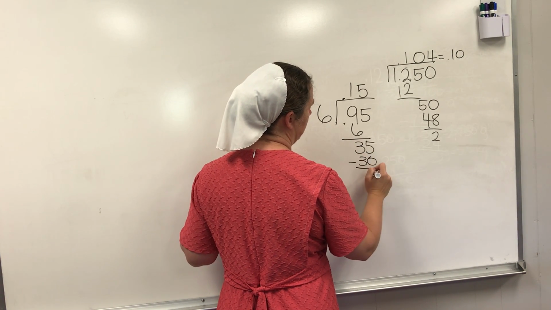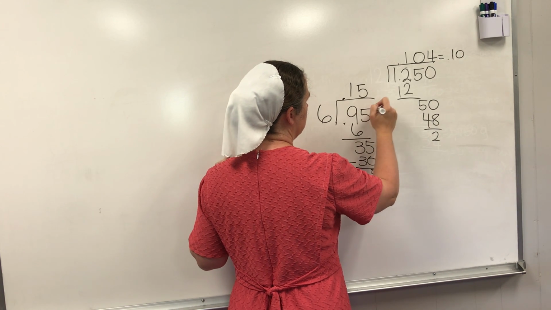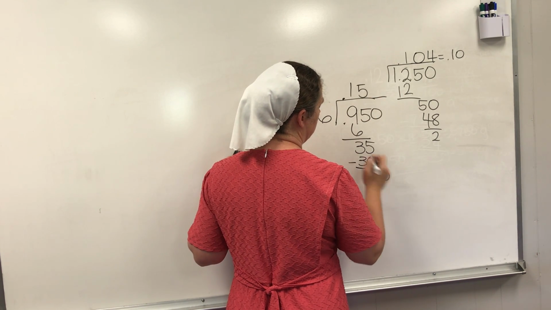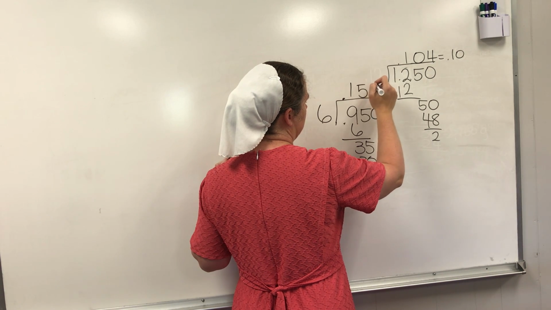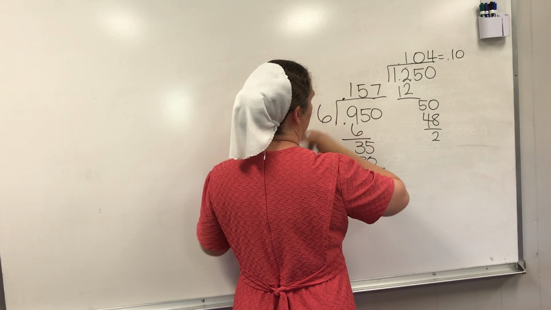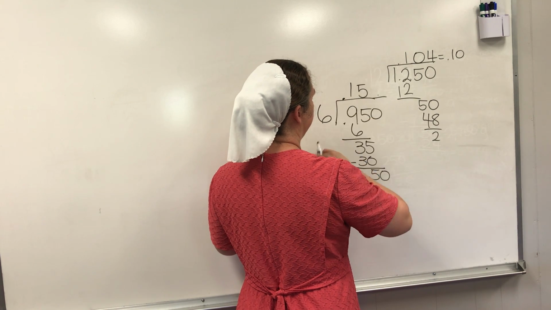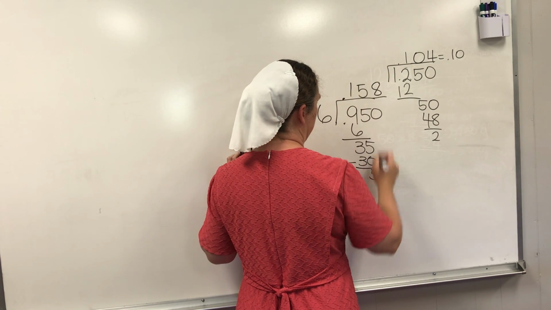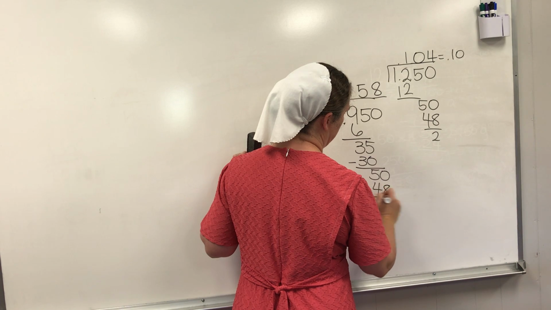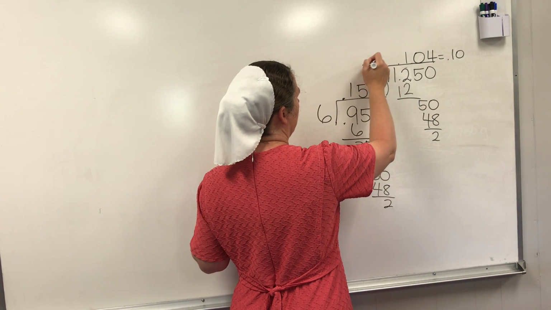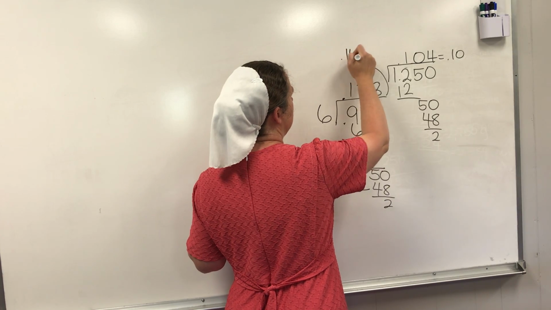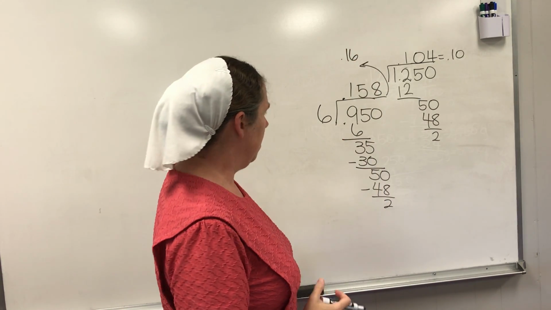Subtract. We need to go one more place because we need to round. 6 goes into 50 8 times. You guys probably had that before me. All right, and we can round this. It is 16 cents. Whoa!